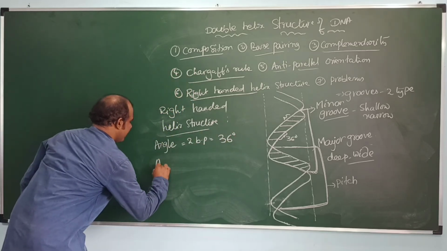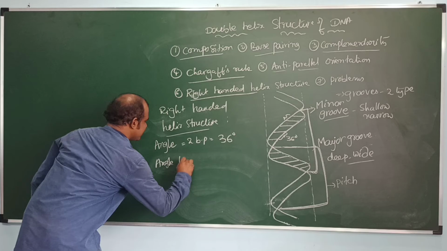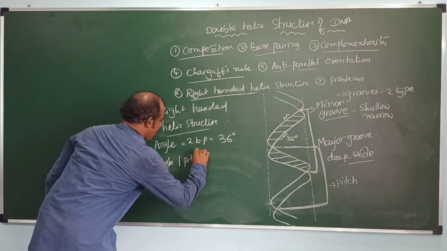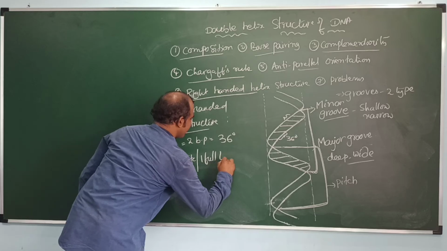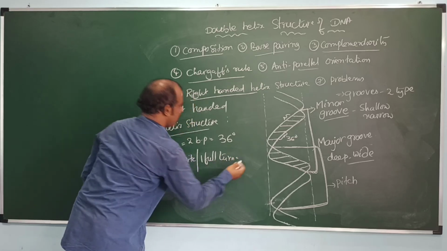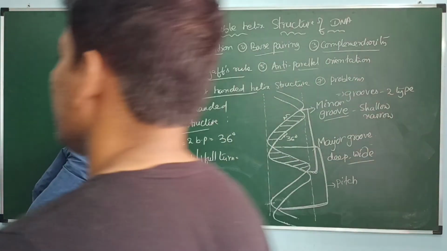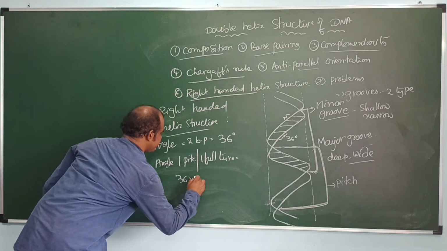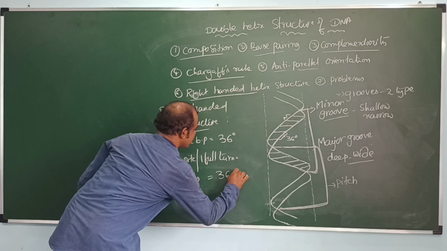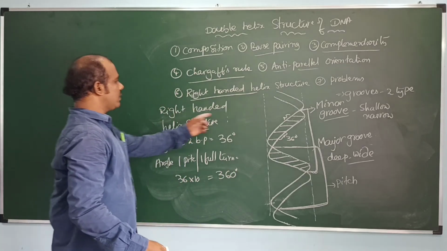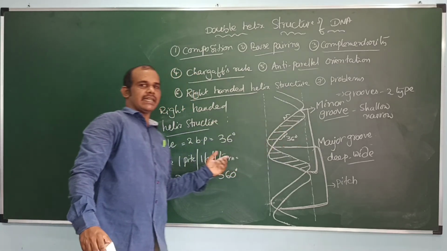Therefore, the angle of one pitch or one full turn is obviously 36 into 10, that is 360 degrees. The angle between two base pairs is 36 degrees.